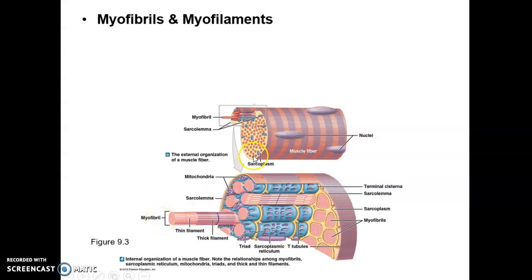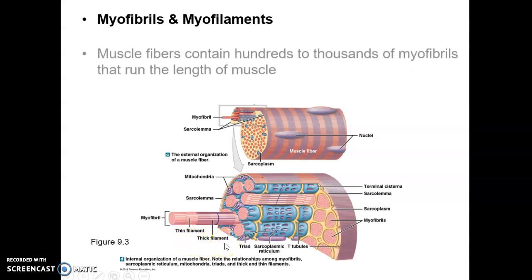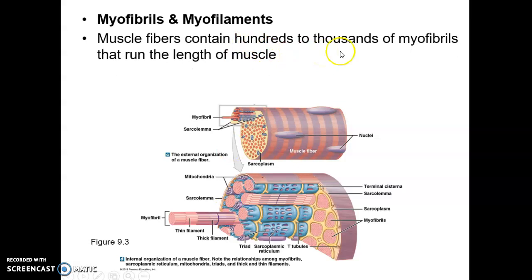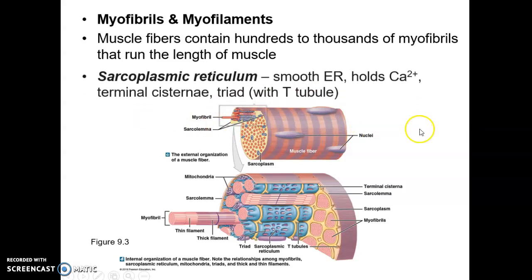So each muscle fiber is composed of many myofibrils, and each myofibril has smaller yet myofilaments, and these are the thick and thin filaments, or thick and thin myofilaments. And the myofibrils run the length of a muscle fiber. And again, a muscle fiber runs the length of a muscle.